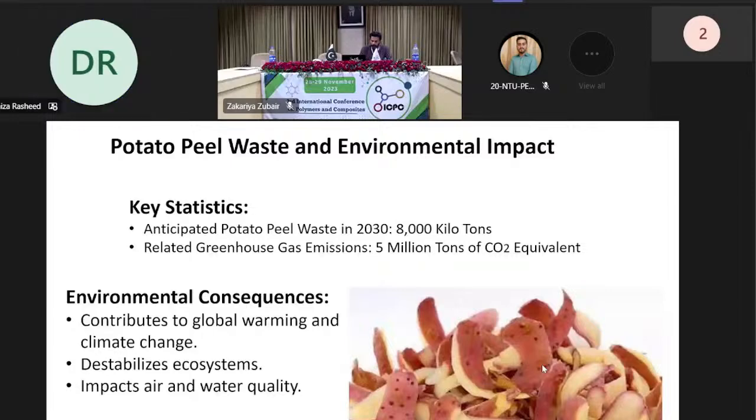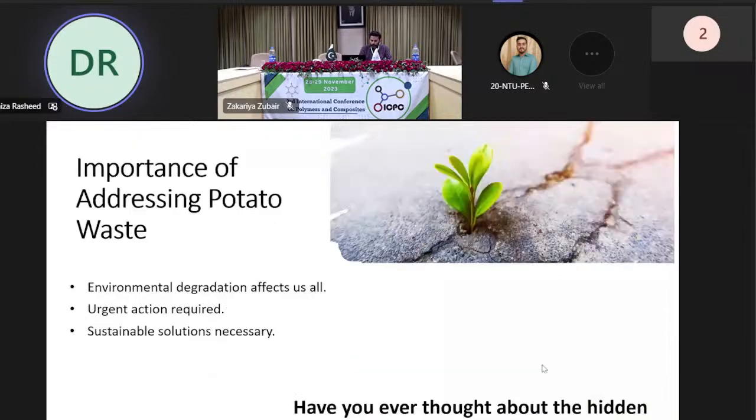So there are definitely environmental concerns: it contributes to global warming and climate change, destabilizes the ecosystem, and impacts water quality, air quality, and other things associated with it. Environmental degradation affects all of us, and there is an urgent need, and many groups of researchers are working on minimizing this problem.